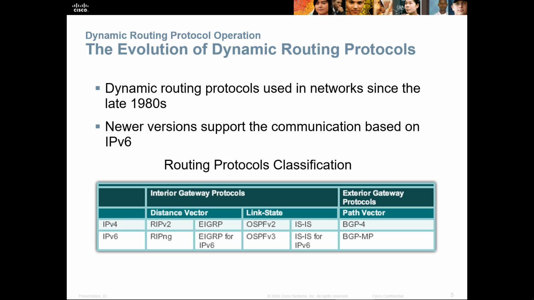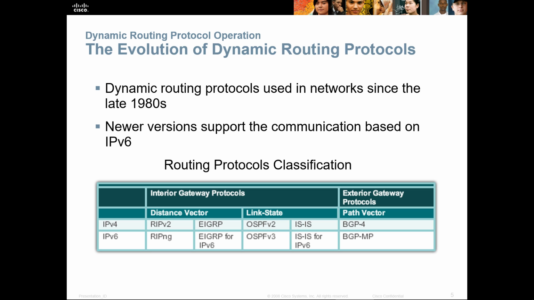Compare that with the IPv6 version, we are moving away from RIP version 2 and we're moving to RIP next generation, or NG. For our EIGRP, we're looking specifically at EIGRP for IPv6. For our link state IPv6, it's going to be OSPF version 3 and ISIS for IPv6.